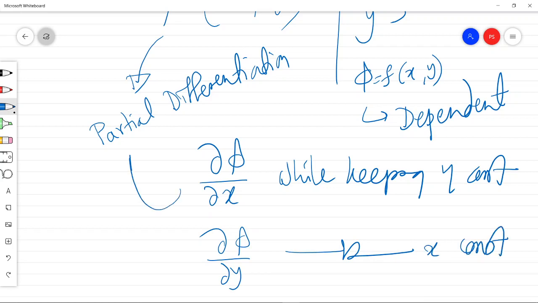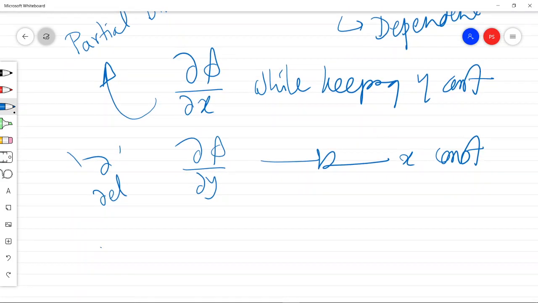This is called partial differentiation, and this symbol, which is slightly different from d, is called del. Sometimes it is also called dabba. So this del indicates that the derivative is partial.